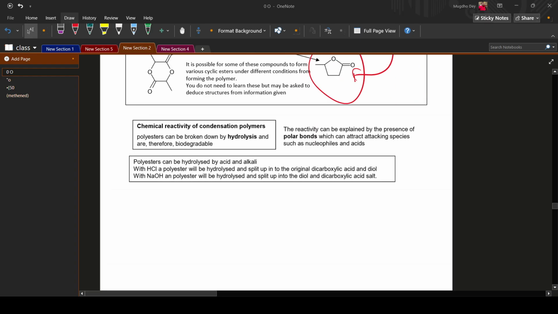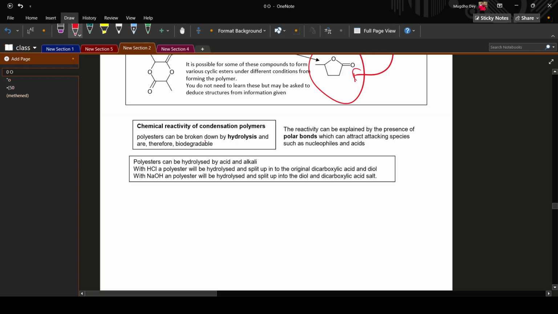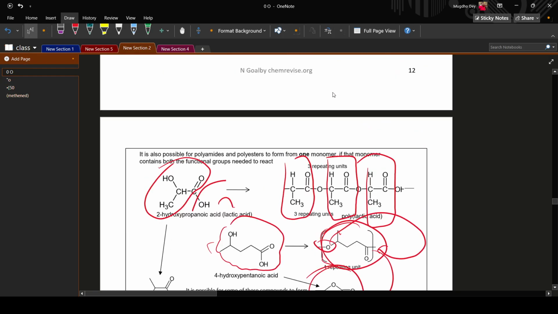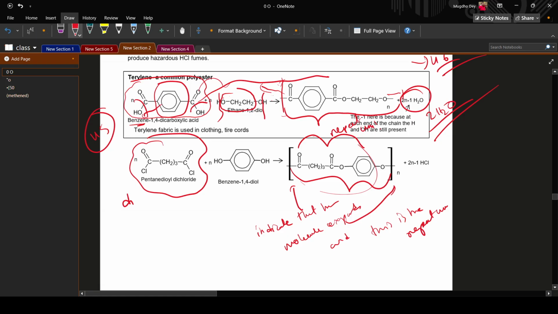Now if I talk about the chemical reactivity of condensation polymers, polyesters can be broken down by hydrolysis and are therefore biodegradable. This is important. What is hydrolysis? Using water to break down, right? It kind of makes sense, doesn't it?